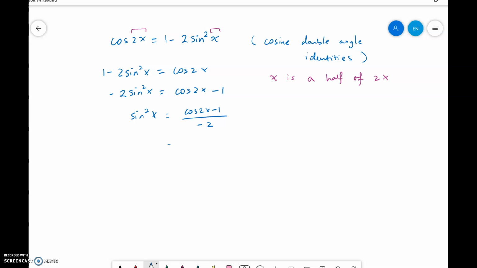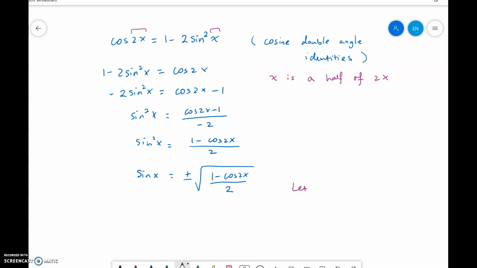I do not like to have a negative sign, so I'm going to change the order to get rid of it. Then sine of x equals positive or negative the square root of 1 minus cosine 2x over 2. That's pretty much my half angle formula.